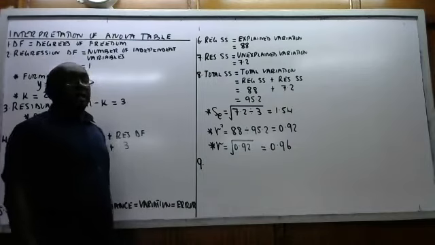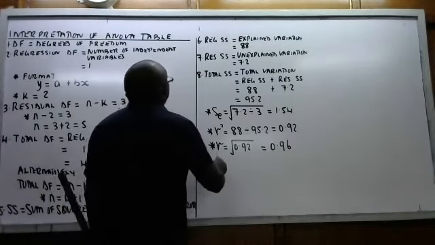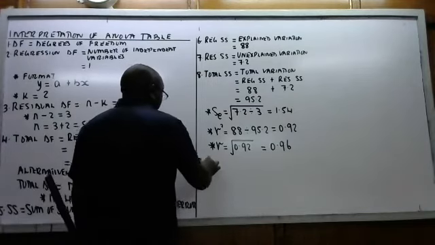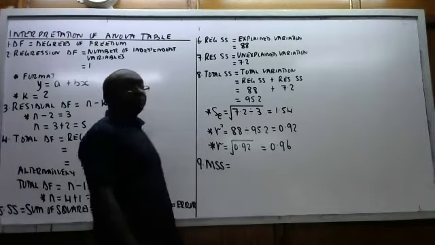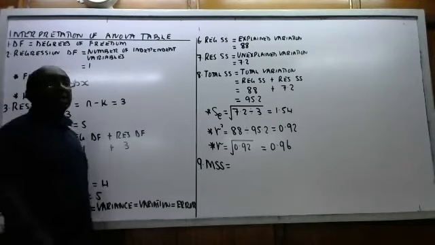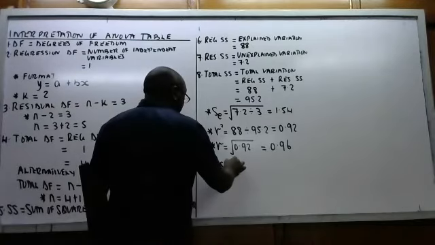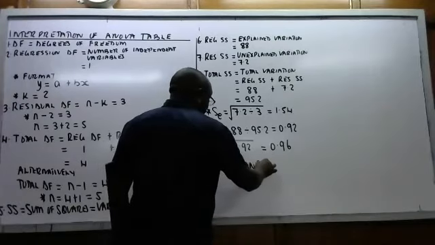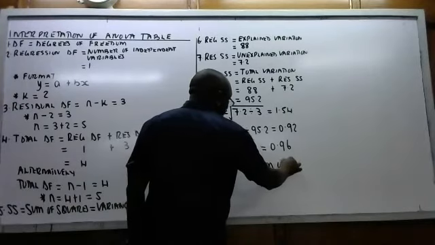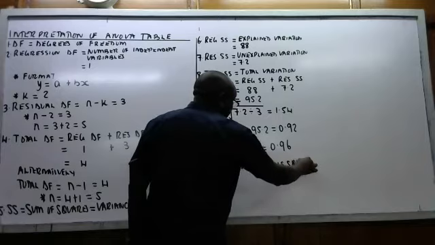Now, point number 9 is MSS. Can you see it? MSS is an abbreviation for the words mean sum of squares.